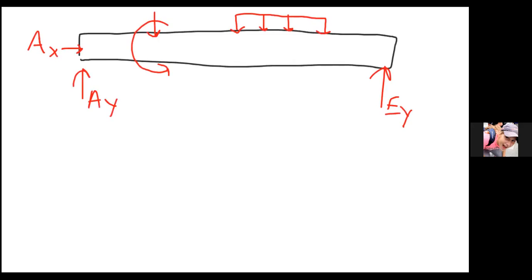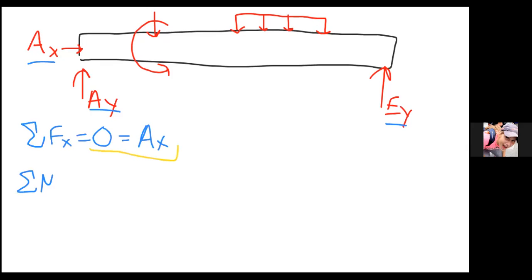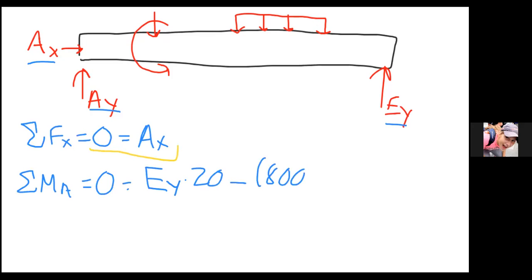So for our next step, I'm going to say, hey, what are my support reactions? This AX, AY, and EY. Start easy. Summation of forces in the X is equal to 0 is just equal to AX, so AX is equal to 0. Now I'm saying, okay, I have two unknown forces acting in the Y direction, so I can't just use summation of forces in the Y. Instead, I'm going to take a moment. If I say summation of moments about point A is equal to 0, I'm able to say EY times 20 minus 800 times 7, which is the magnitude of this distributed load.